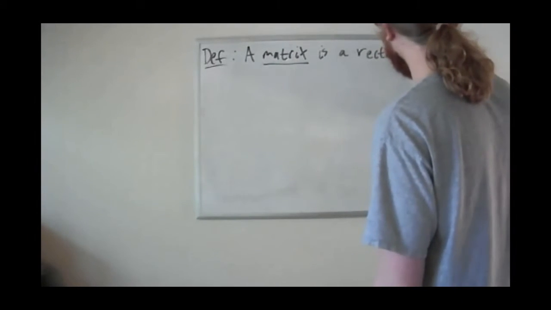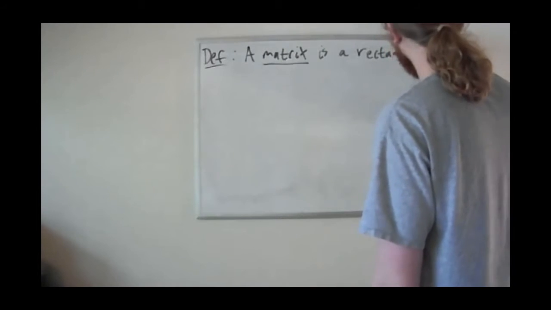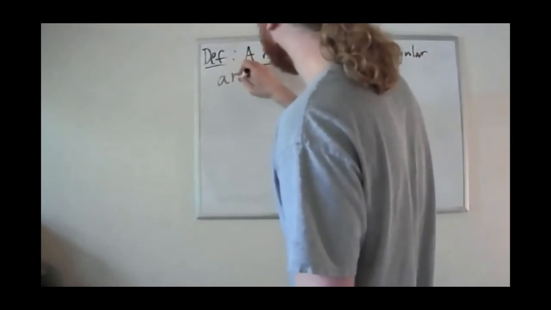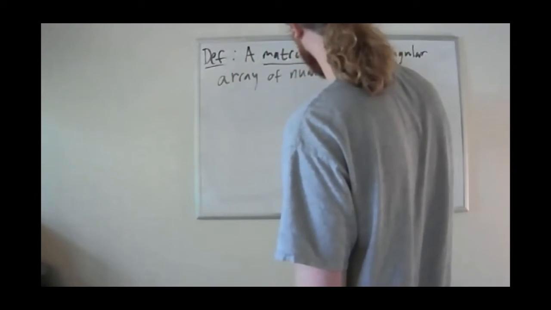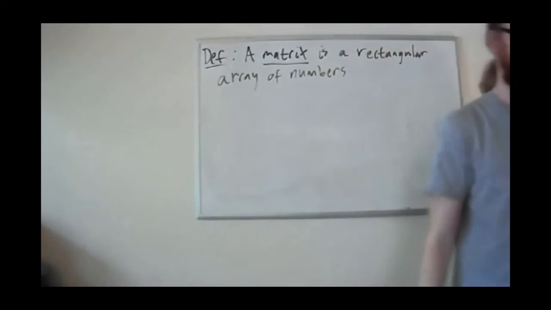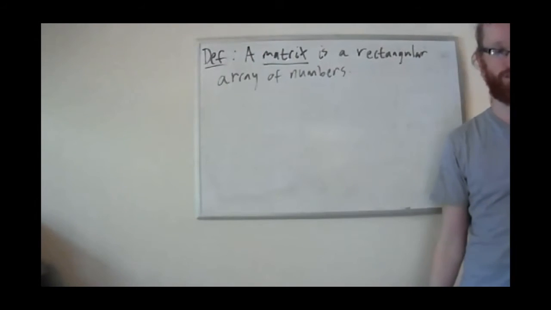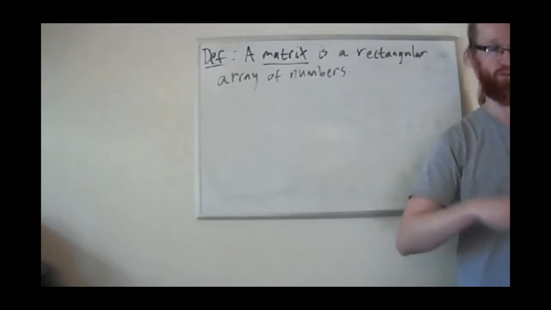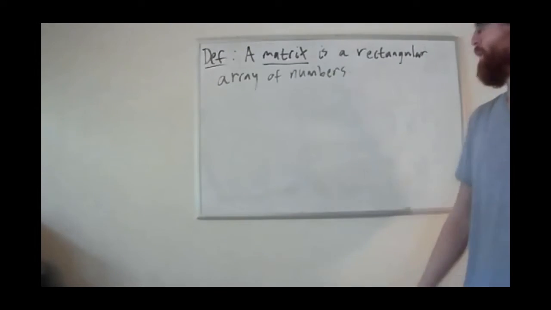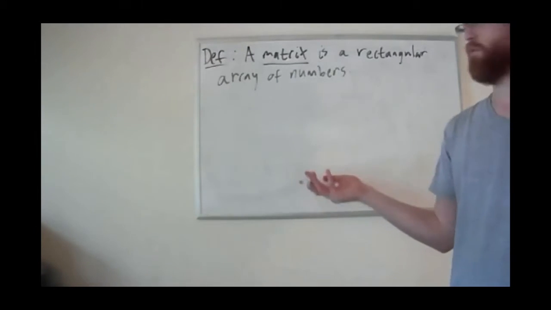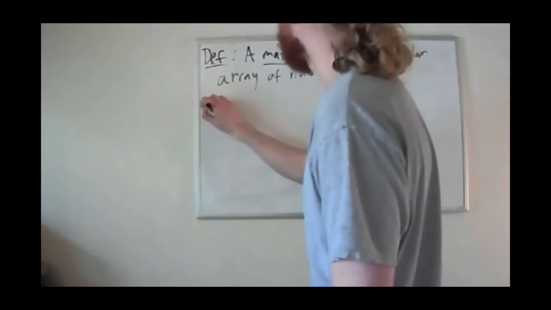It's a rectangular array of numbers. So all these words really mean is that a matrix is going to be like a box, and I'm going to put numbers. It's going to be a box that I fill with numbers. Okay, so let me show you some examples of what we'll call matrices.